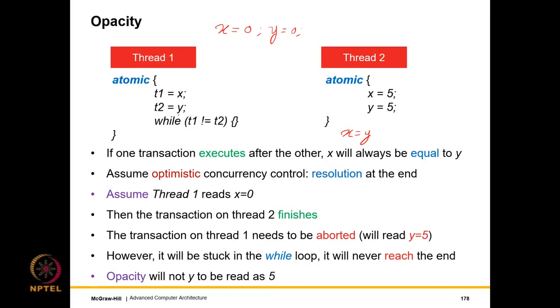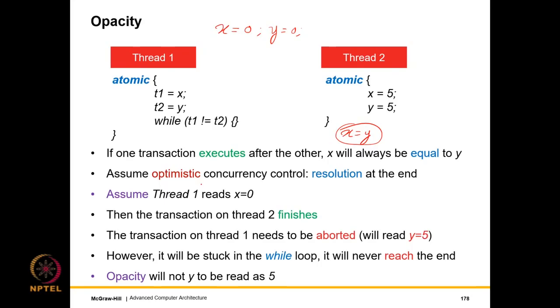The first transaction doesn't write to x and y, it only reads their values. So in any execution where transactions commit, x will always be equal to y, if these are the only transactions.